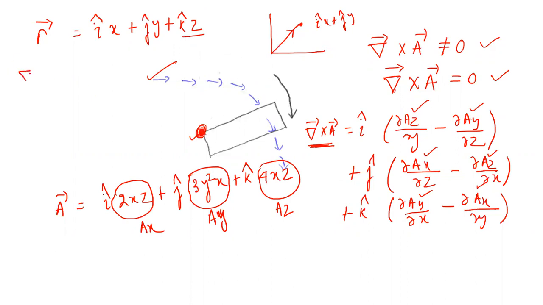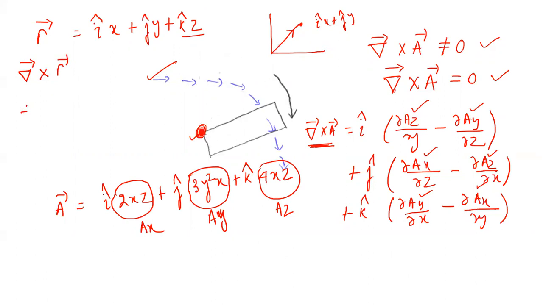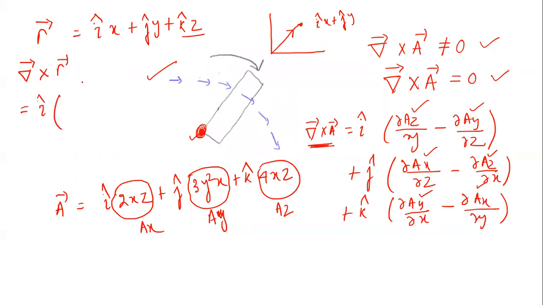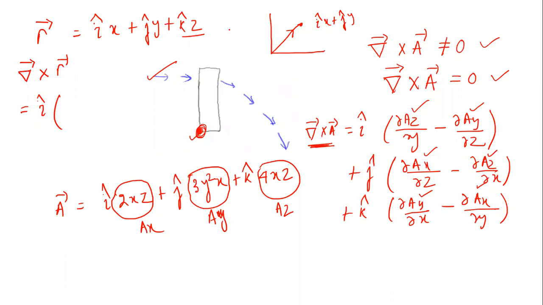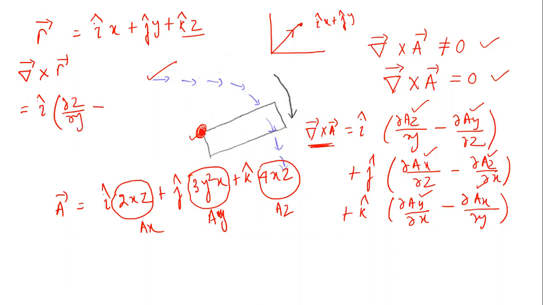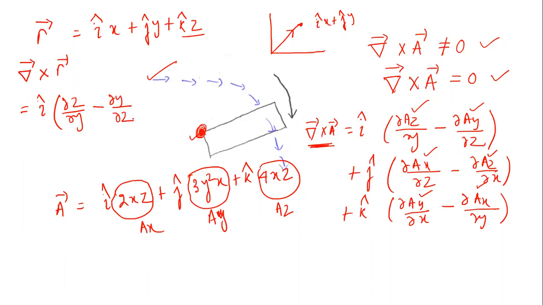Let us use this curl operator on this r. What will we get? If I write it this way: i cap, del az by del y minus del ay by del z. Here az is your z, so you get del z by del y minus del y by del z.